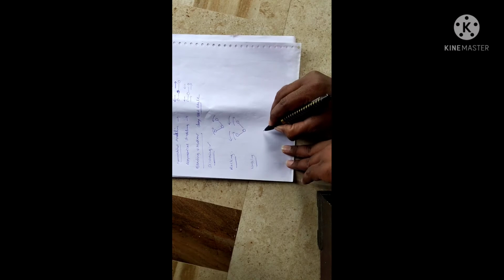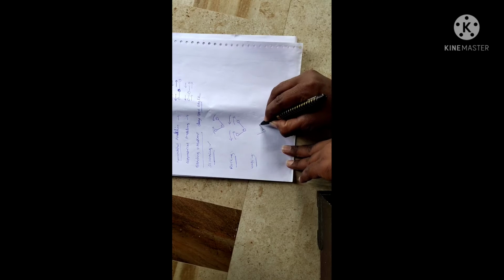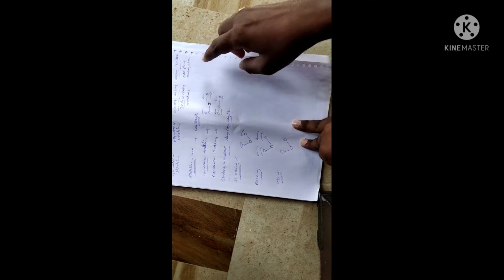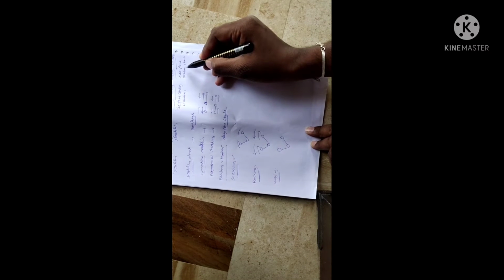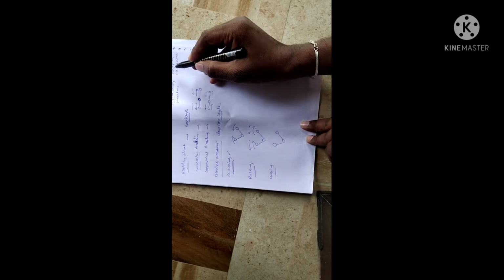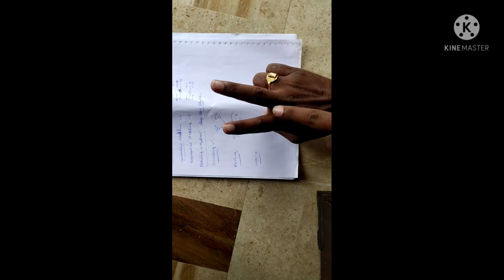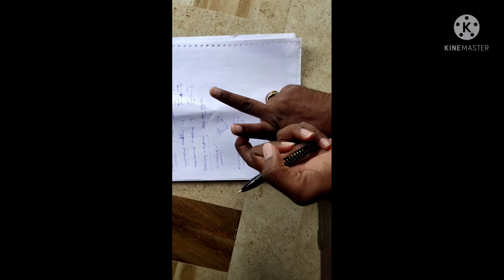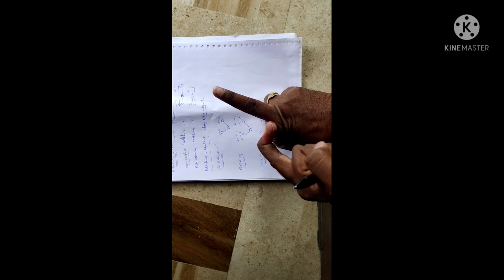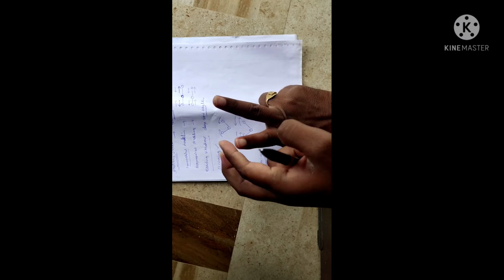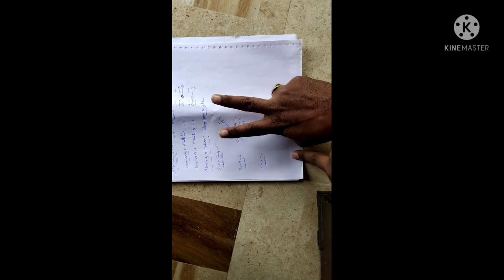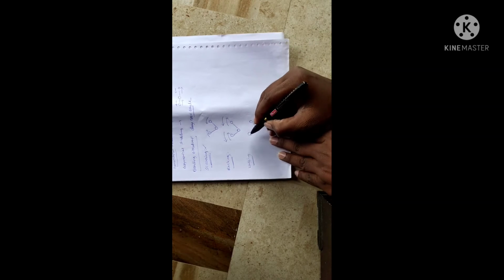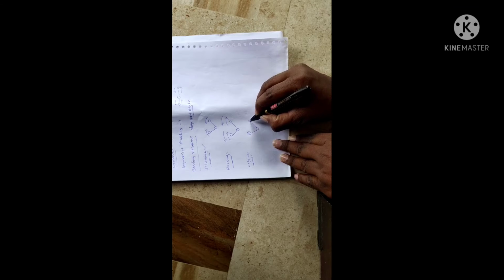What is wagging? I am writing this wagging. These are out of plane bending vibrations. Out of plane means, with respect to this one, if two atoms come above, I am writing with the same positive signs.